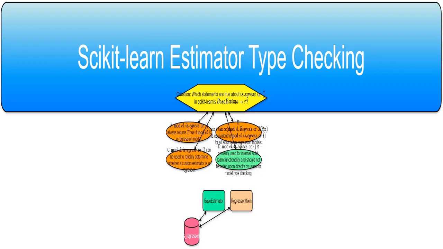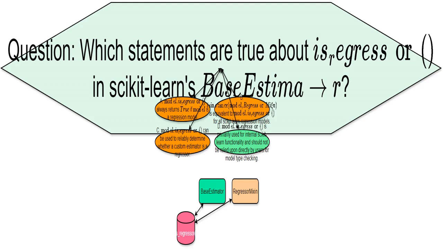This is a multiple-choice question that evaluates understanding of `_is_regressor`'s behavior and limitations within scikit-learn. This statement is incorrect. While it is often true for standard scikit-learn models, it isn't guaranteed, especially for custom estimators. A custom-made model might not implement the method correctly. Incorrect.